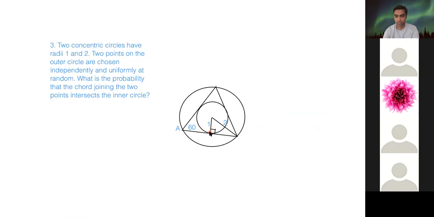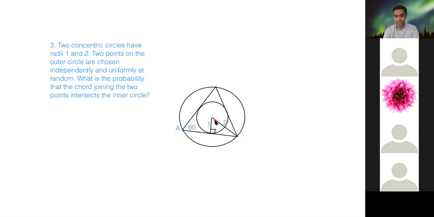Do we know that this is a 30, 60, 90 triangle? Good. Why is it a 30, 60, 90 triangle? Because we know the right angle, we know that it's half of the 60 on that side, and then from the triangle sum theorem, the angle above the right angle is 60 degrees. Good.